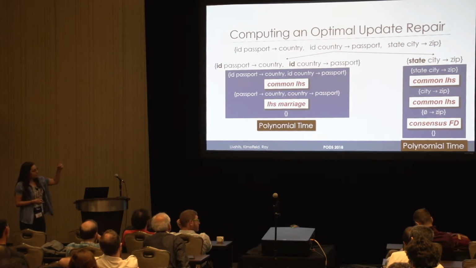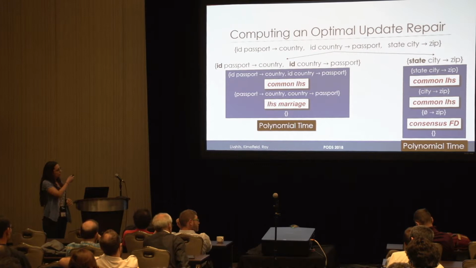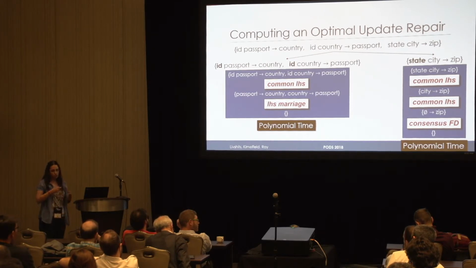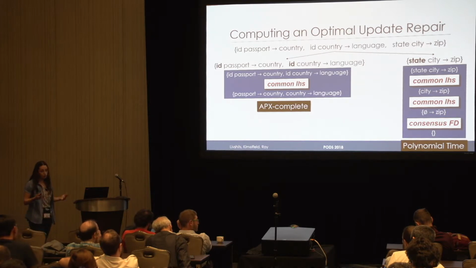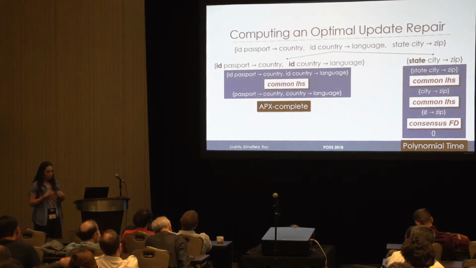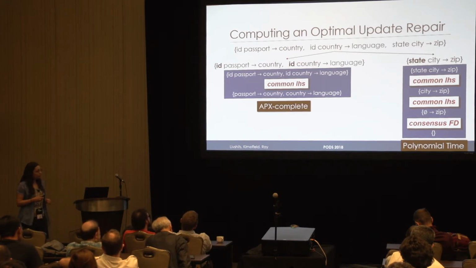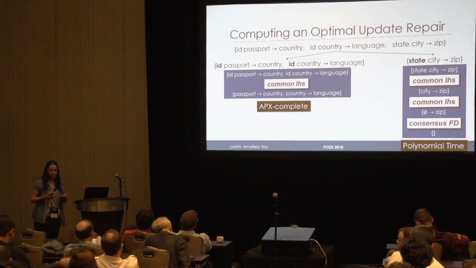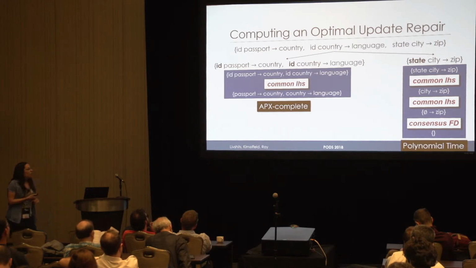Now, if we take the second functional dependency in the set, the ID country implies passport, and we just change one attribute, for example, to ID country implies language, then now if we try to run the simplify algorithm on the first set, after removing the common LHS, it will get stuck. We can no longer apply any simplification on passport implies country, country implies language.